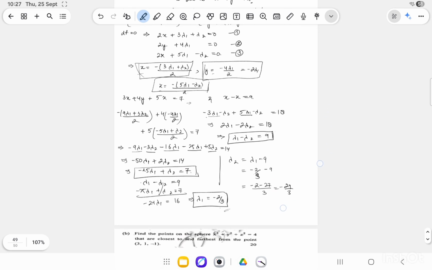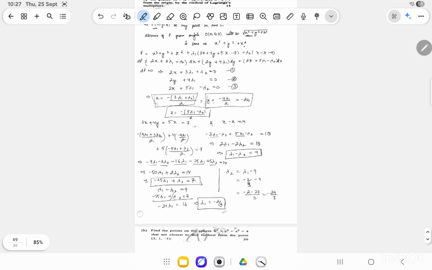And you can also verify this by calculating d square f. That will be 2 times dx square plus dy square plus dz square, plus this thing 2x plus 3 lambda 1 plus lambda 2 into d square x plus 2y plus 4 lambda 1 into d square y plus 2z plus 5 lambda 1 minus lambda 2 into d square z, and these terms will go to 0 and this thing will be greater than 0 at this point.